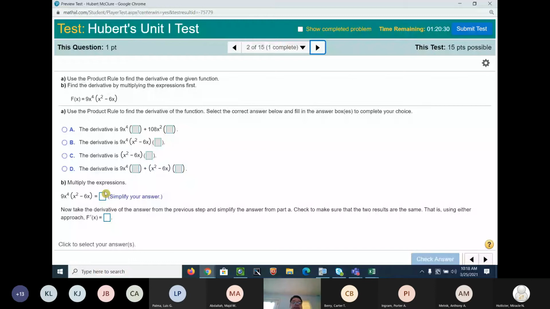I think it's ridiculous. 9x to the 4th, x squared minus 6x. F of x is equal to 9x to the 4th times x squared minus 6x. And some of y'all have no earthly idea what I'm talking about.